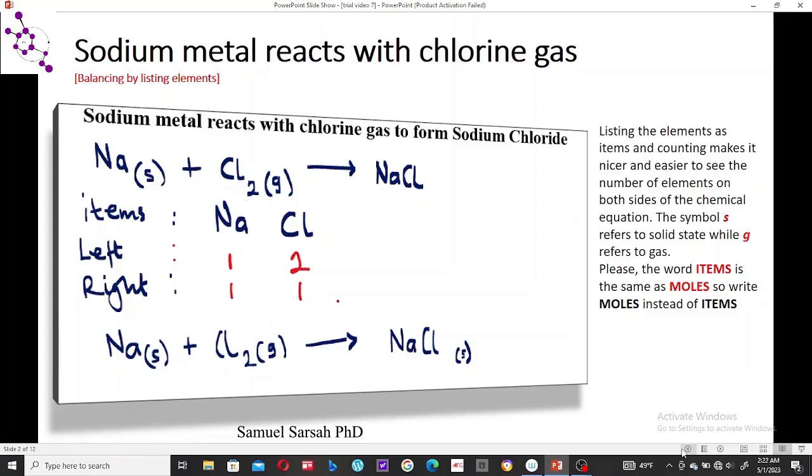So to balance the chlorine, you just need to make this 2 by multiplying this by 2. And then when you come here, we cannot do this. So what we need to do is to put a 2 in front of the whole thing.